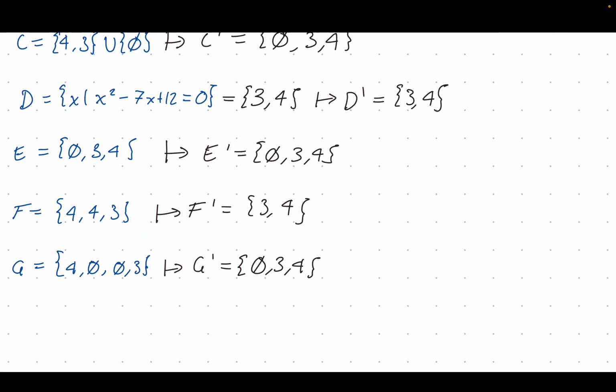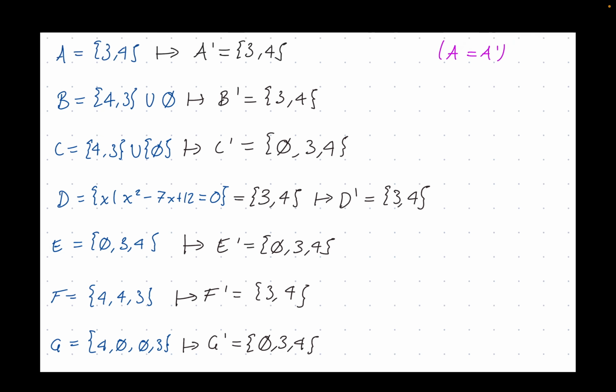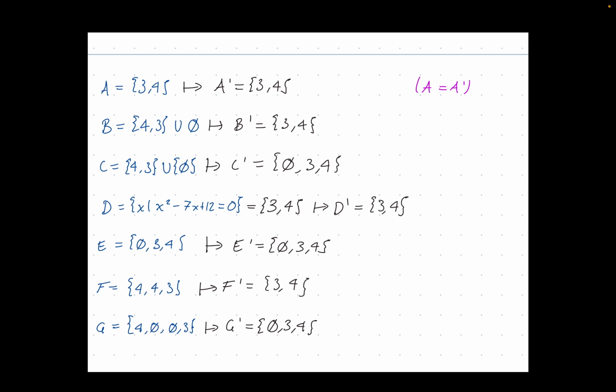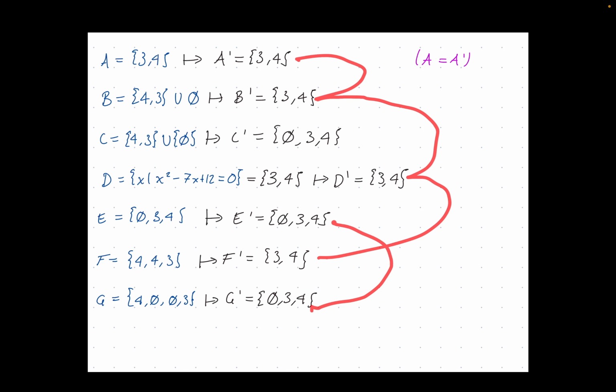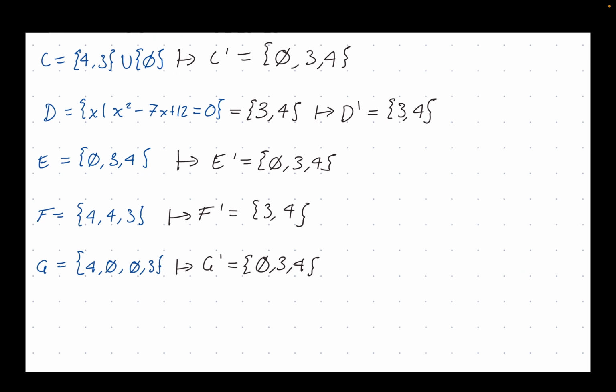Cool. So now things have become quite a bit more tractable. Notice first that A prime is equal to B prime, which is equal to D prime, which is equal to F prime, and G prime is equal to E prime, which is equal to C prime. And if you look at any other pair, you find that they don't have the same elements, and thus immediately you can rule them out as not being equal.